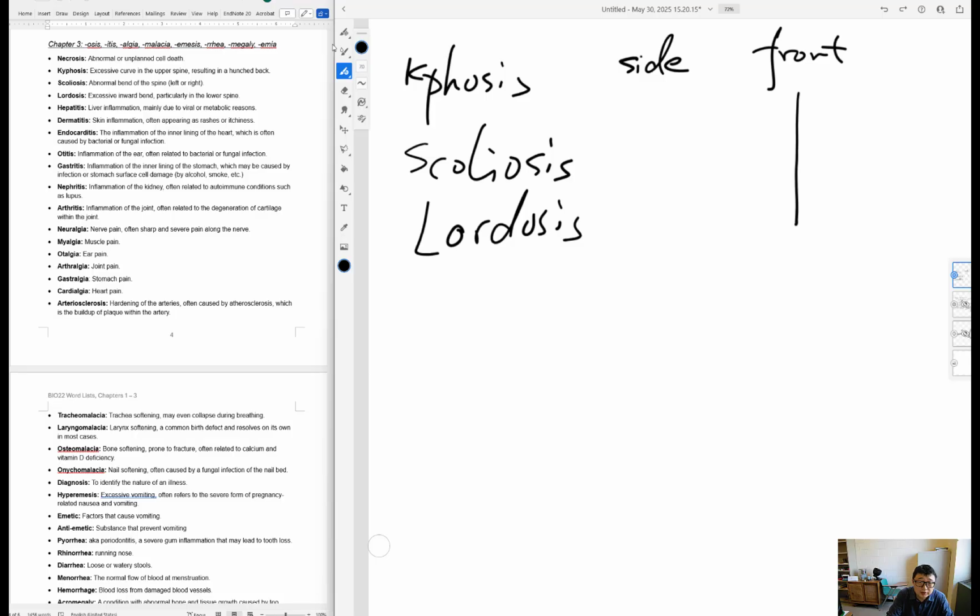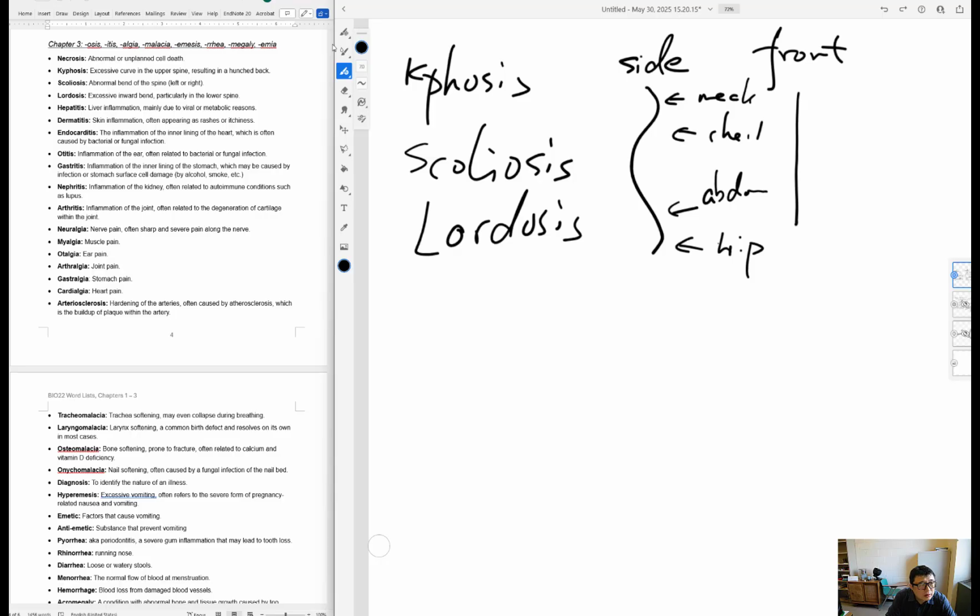It should be, yes, that's right. So this is the neck, chest, abdomen, and hip.